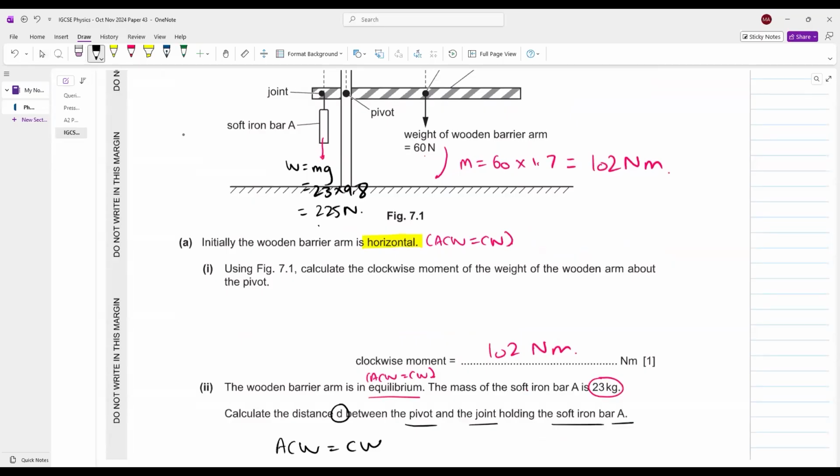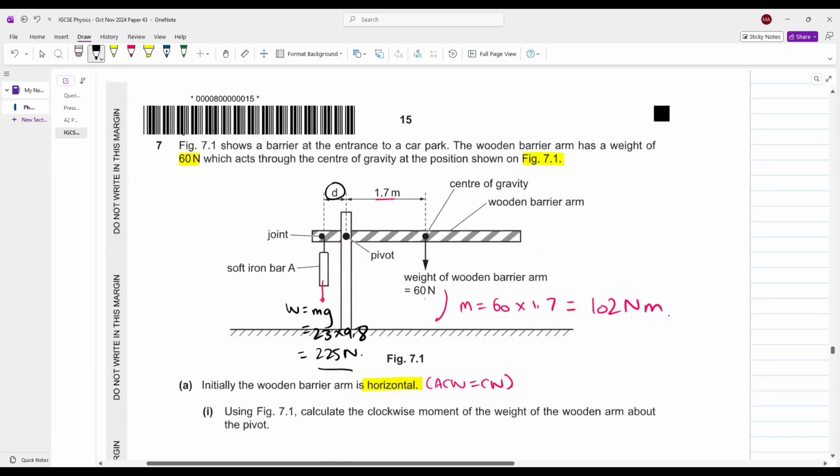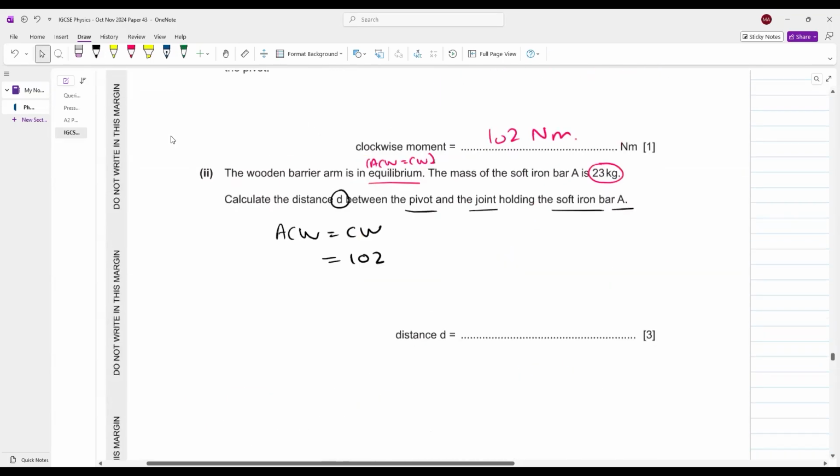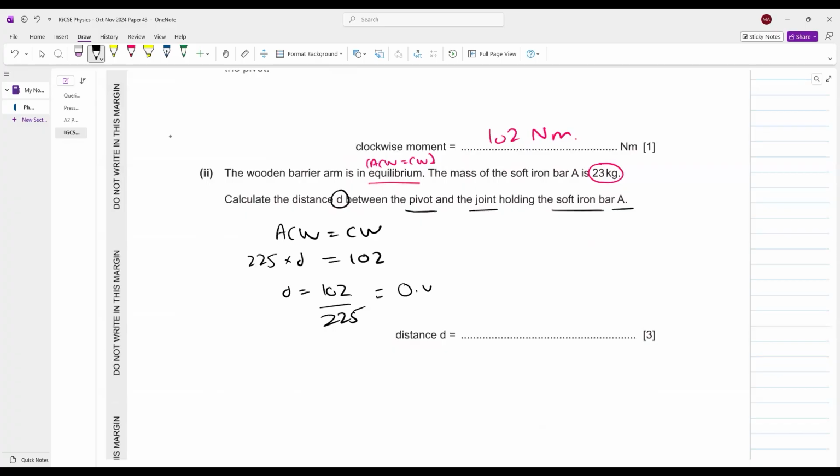The weight is 225 Newton multiplied by the distance D. 225 into the distance D. Can you calculate distance D? 102 divided by 225. The distance D comes out to be 0.45 meters. Simple as that. Nothing complicated here. इतना आसान है physics. Perfect.